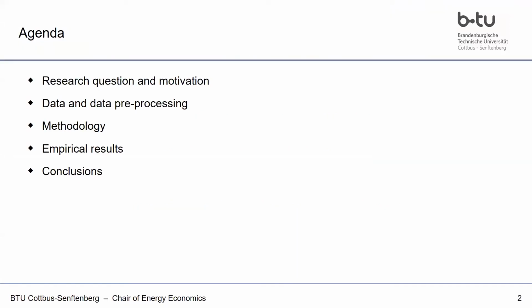Allow me to start with a brief agenda of what's going to follow. I will start with the research question and motivation. Then I will briefly describe the data and the data pre-processing technique we use. Then I want to outline the methodology in order to arrive at our empirical results, and I will end up with some conclusions.